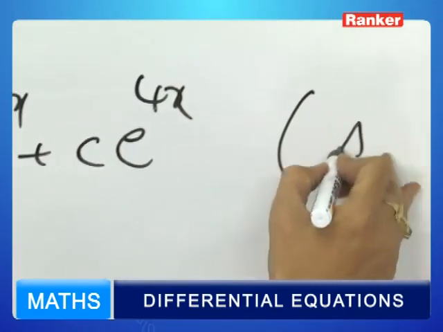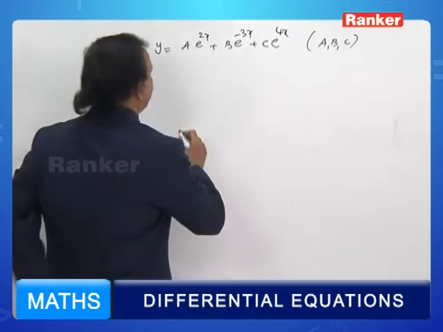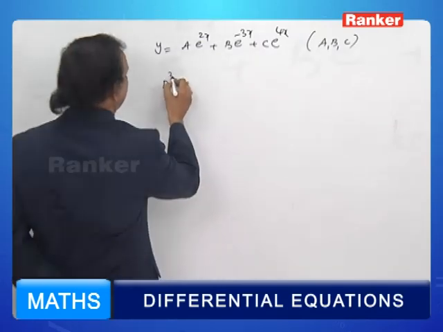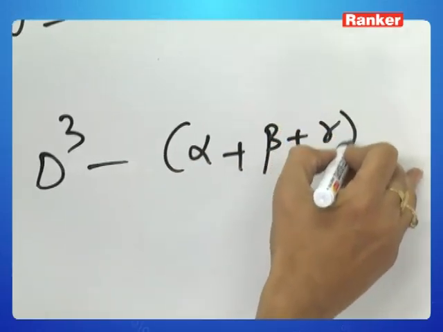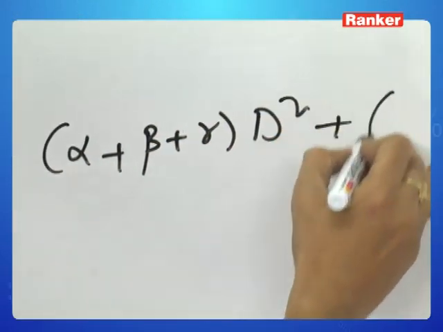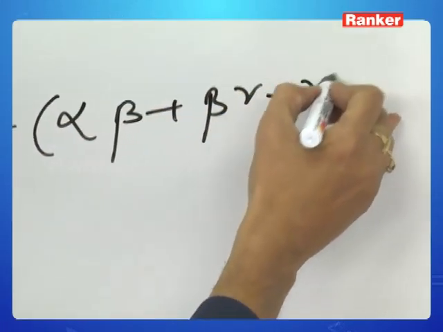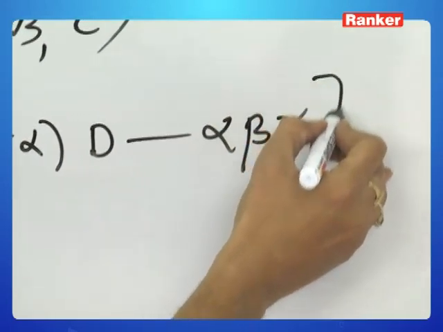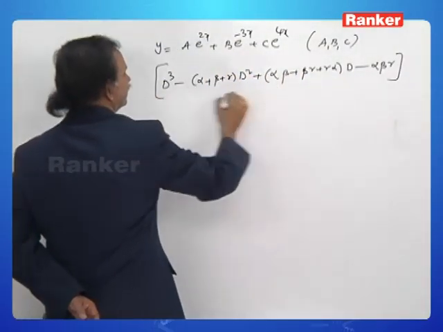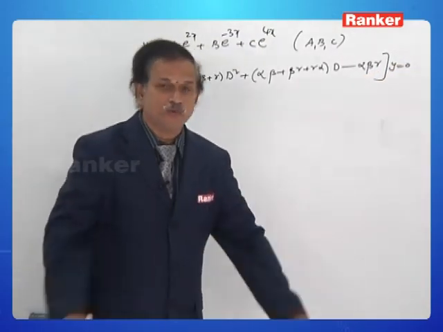You are supposed to eliminate a, b and c. What is the required answer? It is d cube minus alpha plus beta plus gamma into d square plus alpha beta plus beta gamma plus gamma alpha into d minus alpha beta gamma of y is equal to 0. That is the result, the technique which we could have developed.